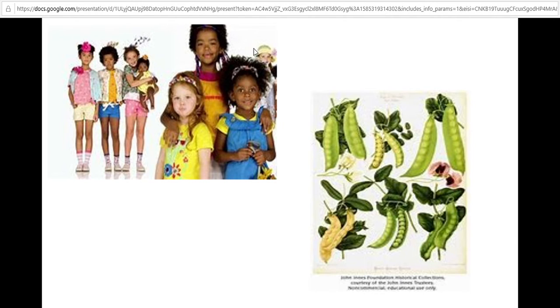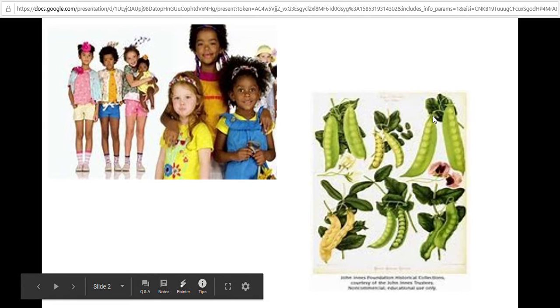Traits could be distinct, or not as easily distinct, or not visible at all. But because we're looking at visible traits here, the best examples would be hair texture, hair color, and skin color. These are traits that these people have inherited from their parents and can also pass down.